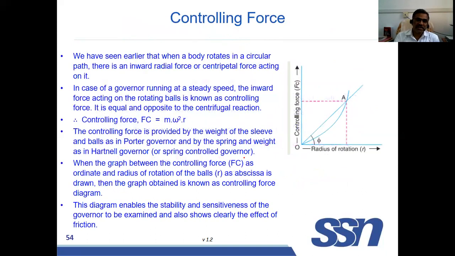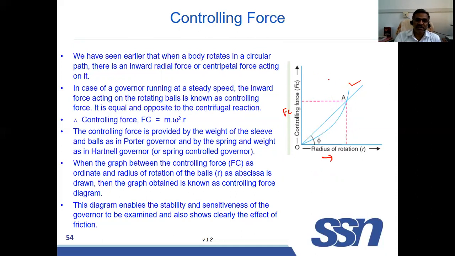Then the controlling force diagram. Controlling force diagram means if you draw a graph between the centrifugal force, FC, and the radius of rotation, you will get a graph. This graph is known as the controlling force diagram. It is used to predict what kind of governor it is, whether it is an isochronous governor or a stable governor.